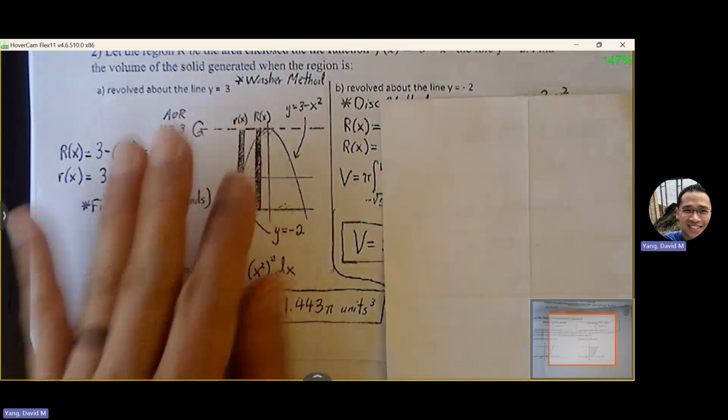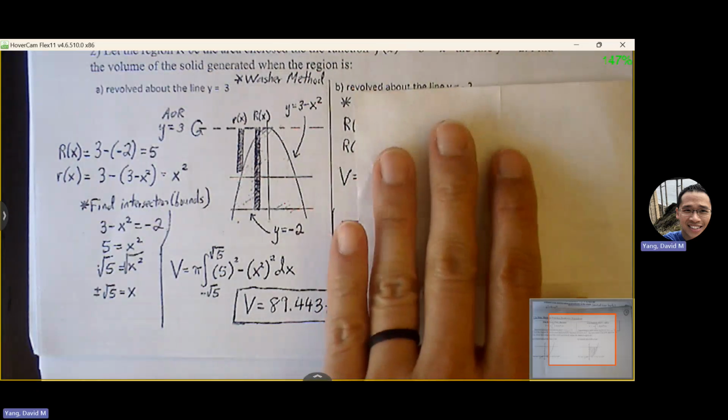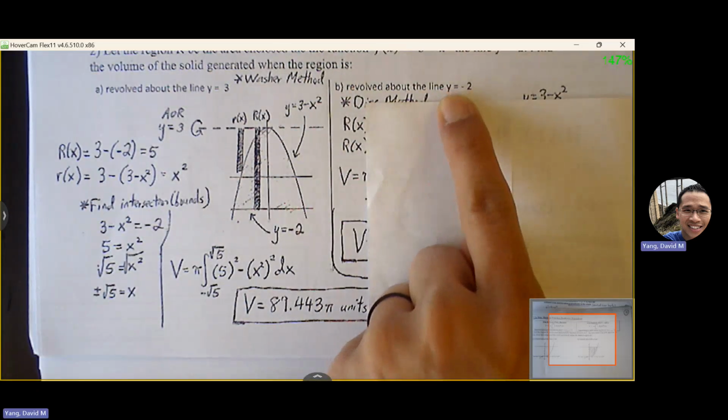Okay, try part B. See if part B will give you something a little bit different here. Rotating about the line y equals -2.